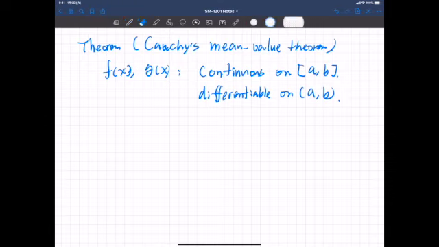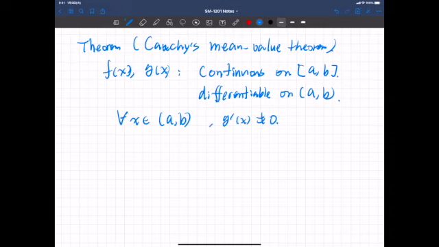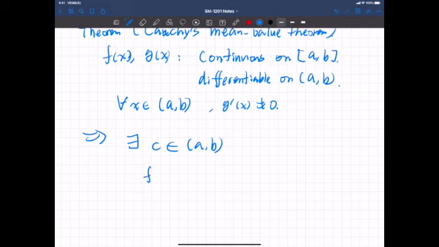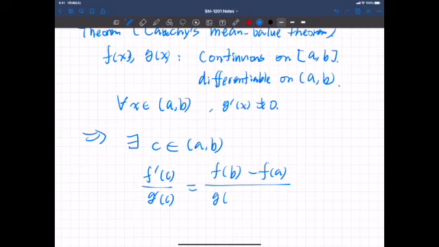And also we assume that for all x in the open interval, g prime of x is non-zero. Then there exists a value c in the open interval such that f prime of c over g prime of c is equal to f of b minus f of a over g of b minus g of a.